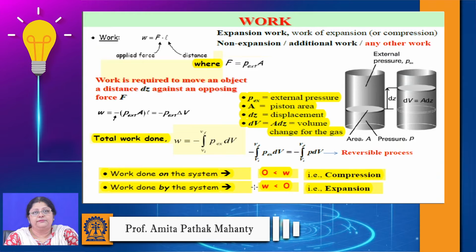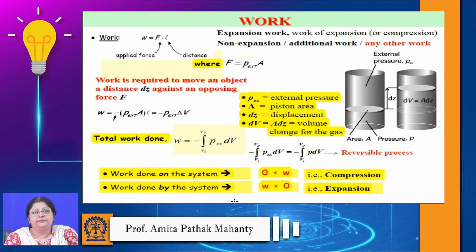There is nothing as minus work. It is the work which is done by the system. Minus sign indicates whether the work is done by the system, nothing else. It is not a quantification which is minus. Its magnitude is always positive. Sign only represents whether the work is done by the system or on the system.